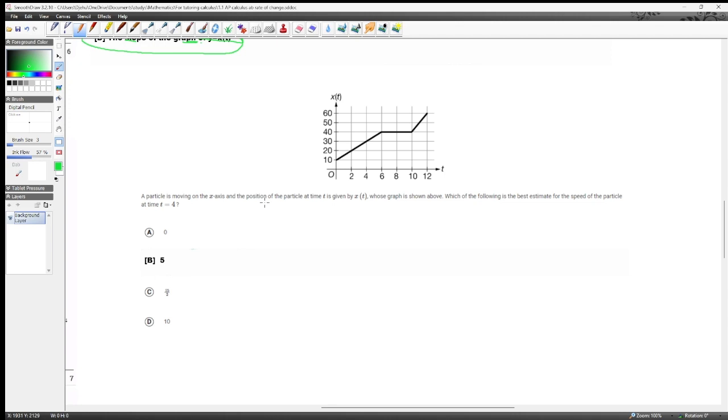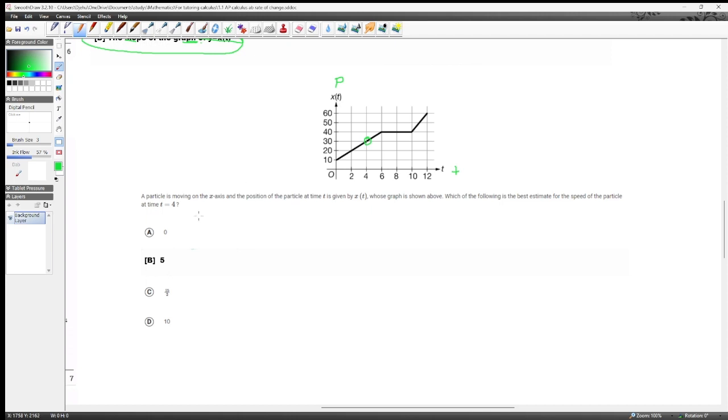Which of the following is the best estimate of the speed of the particle at time t equals 4? So for this one, we're looking for the speed at t equals 4. Remember, this is a position over time graph. You can stop so you can try it on your own.